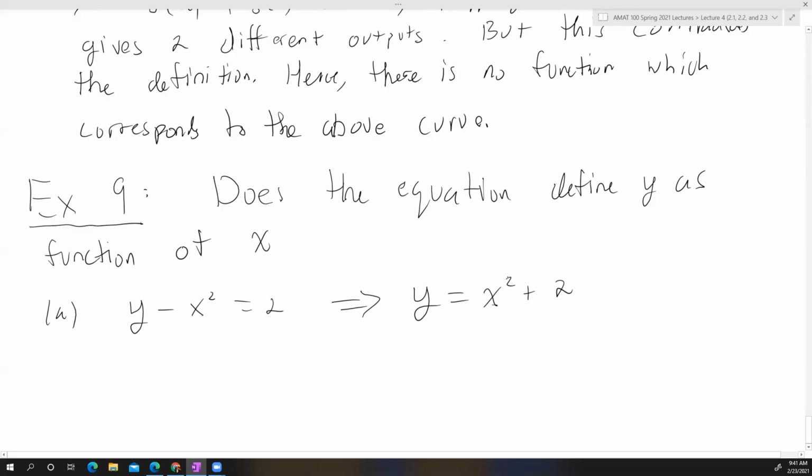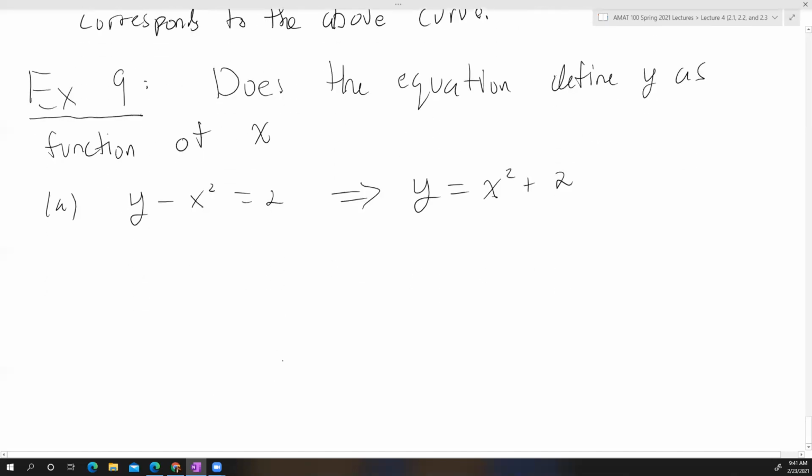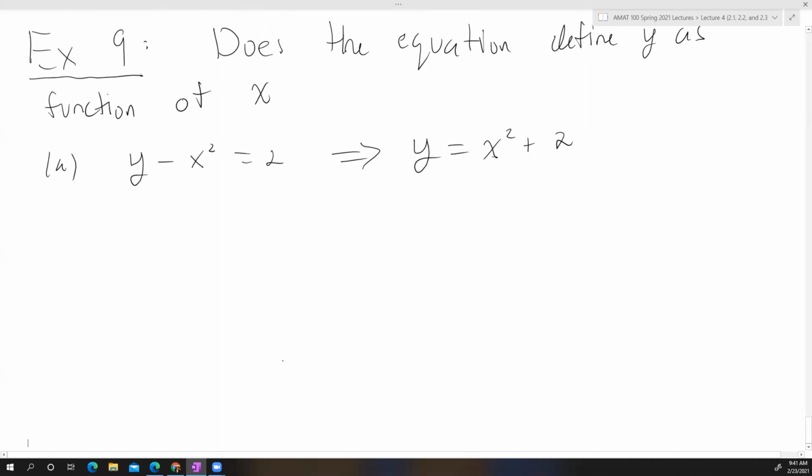You can plug in 1. When you plug in 1, you get y is equal to 3. That's exactly so. So there's only one value of y corresponding to x equals 1, namely 3. And you can do this with a bunch of other examples. So this is an algebraic way of showing that this defines a function. You just explicitly solve for y.